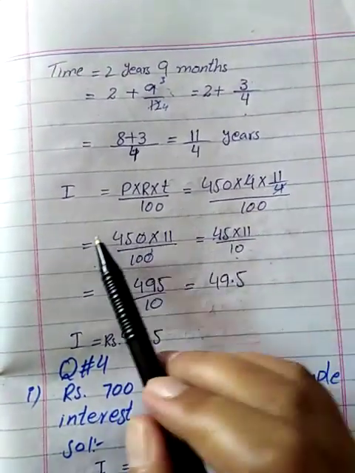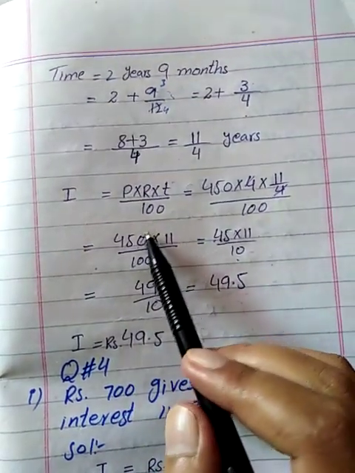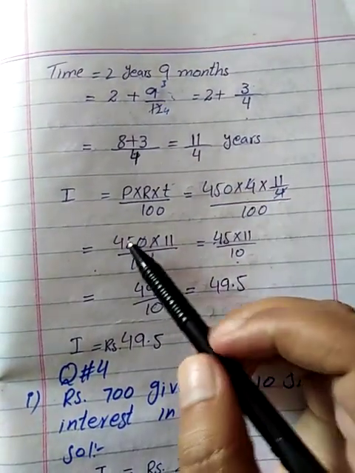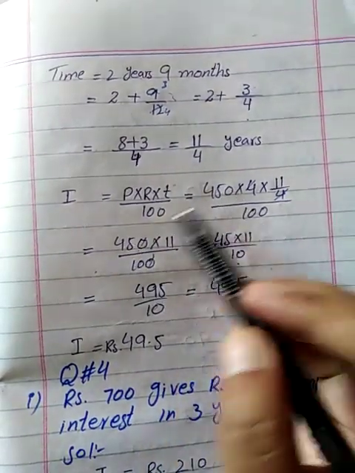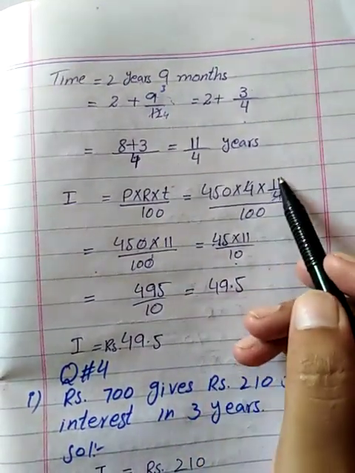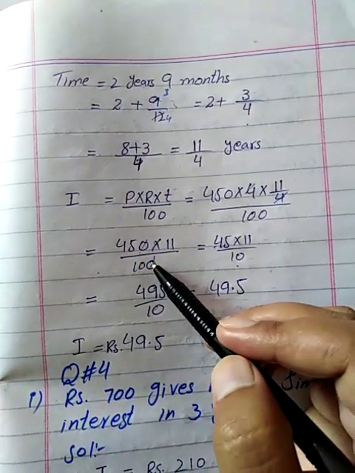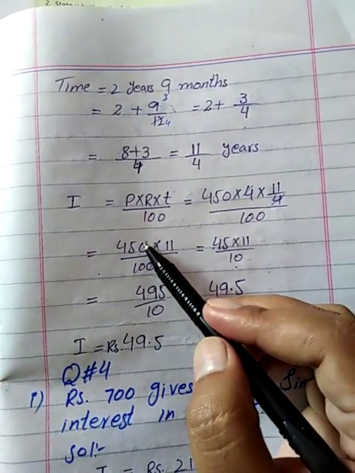Divided by 100. Now we simplify. 4 cut with 4. We get 450 multiplied by 11 over 100. Now simplify. 10 cut with 10.